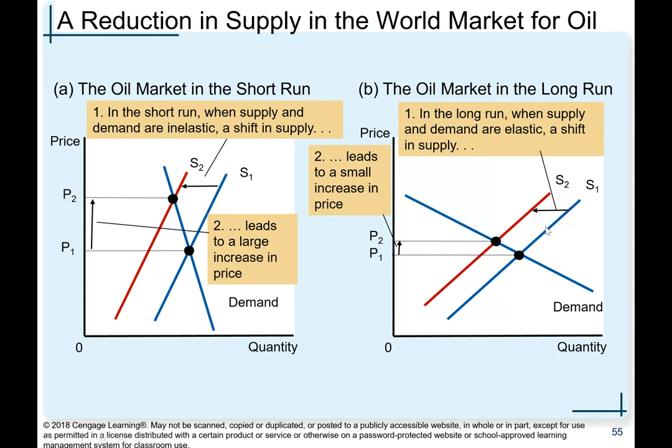When they continue to increase supply, or they tend to decrease supply, in the long run, when supply and demand are elastic, a shift in supply will lead to a small increase in price. So even if OPEC tries to cut the supply to raise their revenue, it is too late. The increase is little because the demand and supply are elastic.